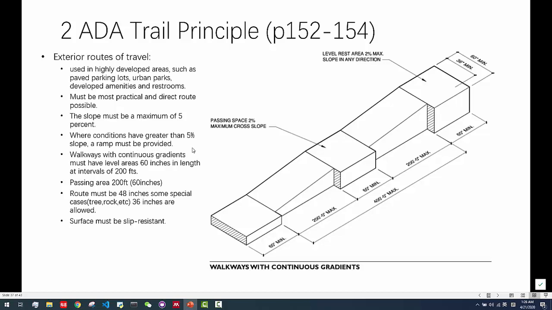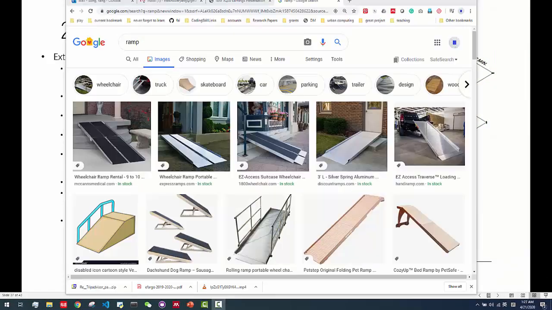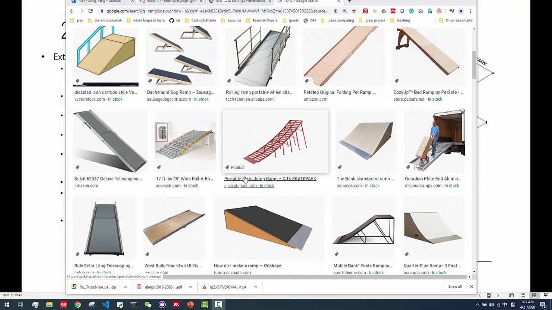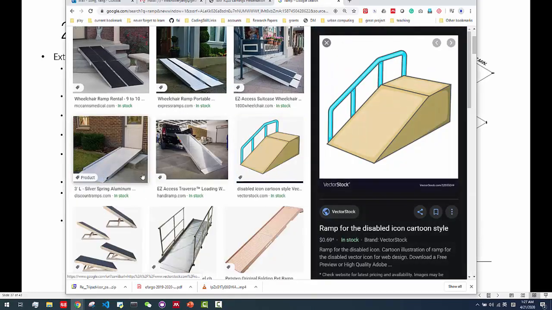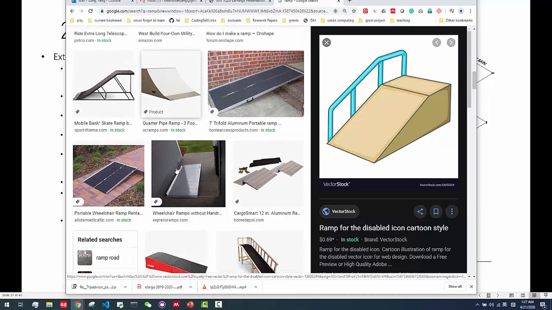I think what this means is, from here to here, if it's more than 5%, you probably need a ramp. What a ramp is, I just googled it for you. Usually a ramp is a protected path, especially for disabled people, so it has railings and a lot of protections.